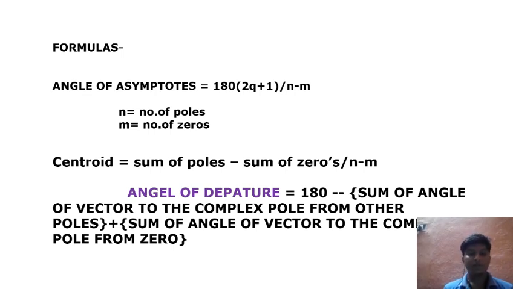The angle of departure is equal to 180 minus the sum of angles of vectors to the complex pole from other poles plus the sum of angles of vectors to the complex pole from zeros.